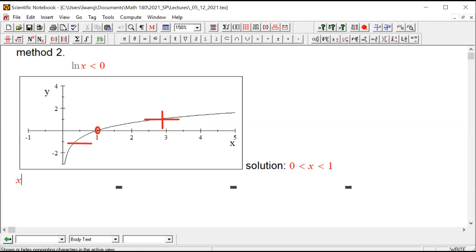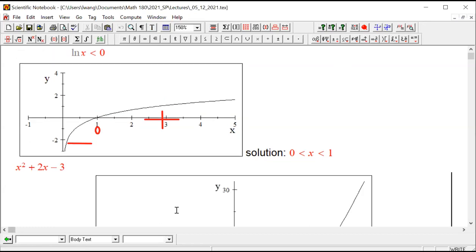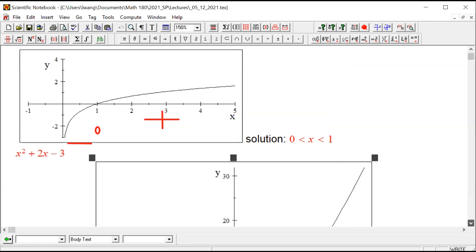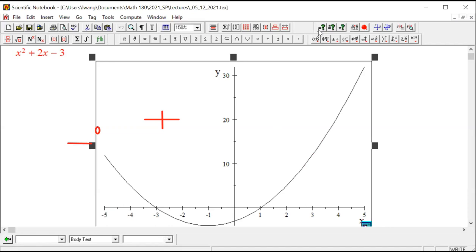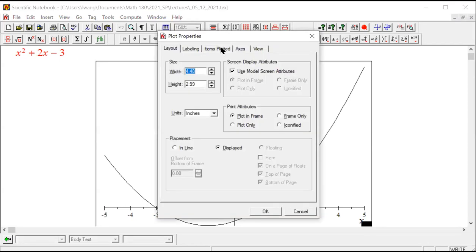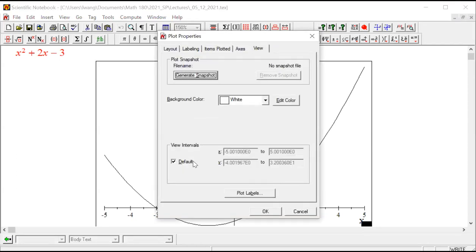So for example, x squared, I think it should be this example, right? We did this in everything quadratic.